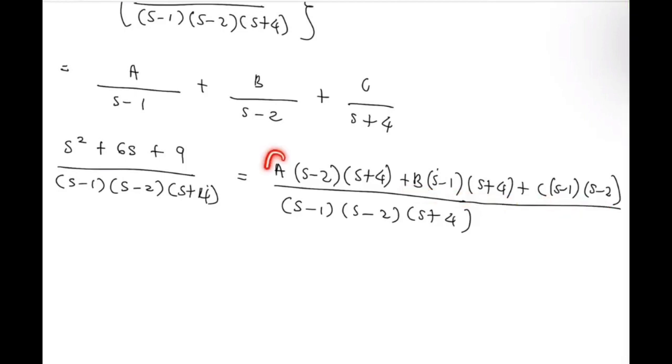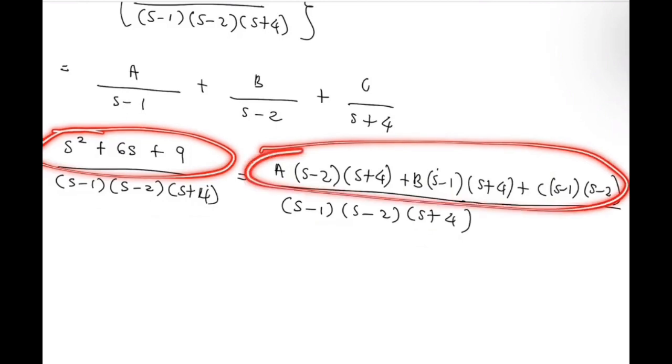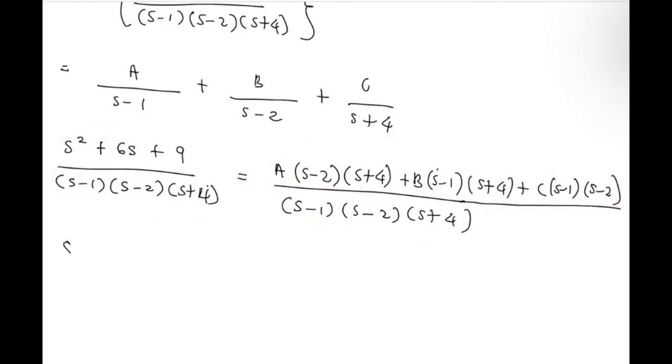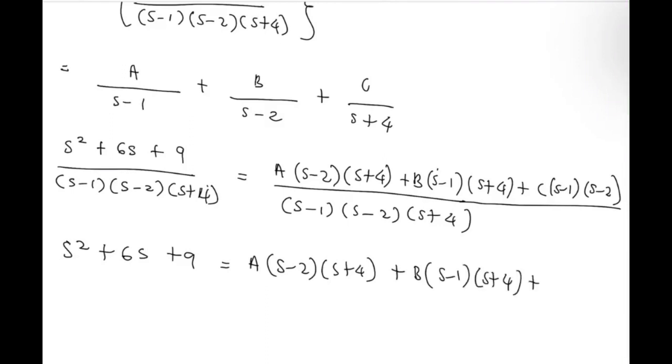So we need to find the values for A, B, and C. Since the denominators of both fractions are equal, the numerators are also equal. So we can write s squared plus 6s plus 9 equals A(s minus 2)(s plus 4) plus B(s minus 1)(s plus 4) plus C(s minus 1)(s minus 2).